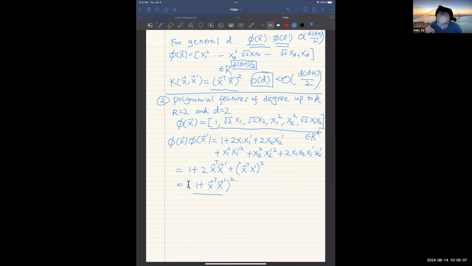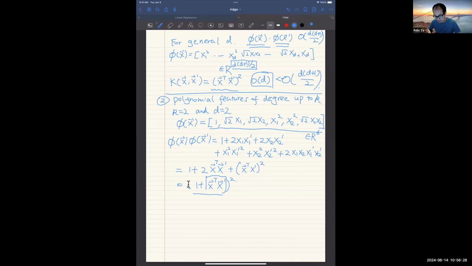But to calculate everything right here, the only expensive part is the inner product of x transpose and x prime. This is quite cheap to calculate because everything is just 2-dimensional. You only need to multiply them twice.